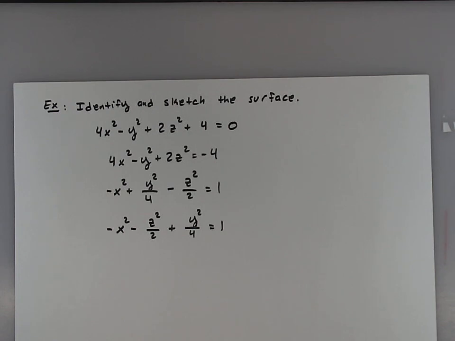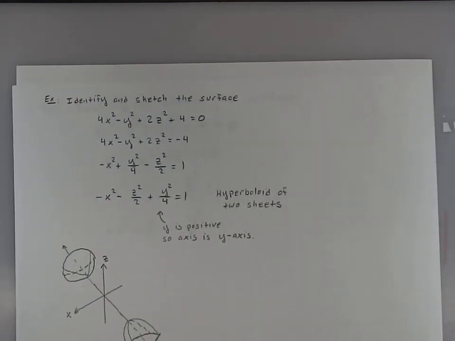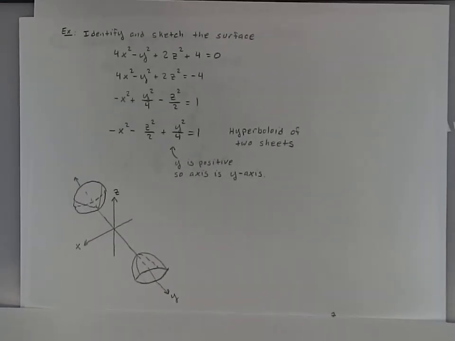And this is a hyperboloid of 2 sheets. Which the graph will look like this.